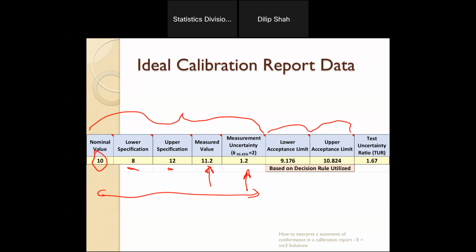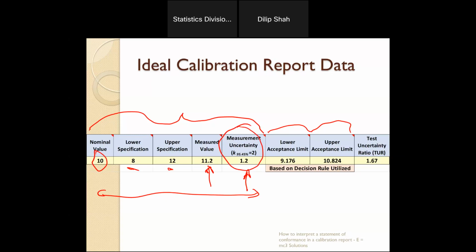Now, if you want them to provide that, then you have to give them more information. What decision rule? What is your criteria for acceptance limit? That you as a consumer have to provide. Or you shop for a calibration provider that has much lower measurement uncertainty, and then you should be able to accept results on the measurement based on that information.